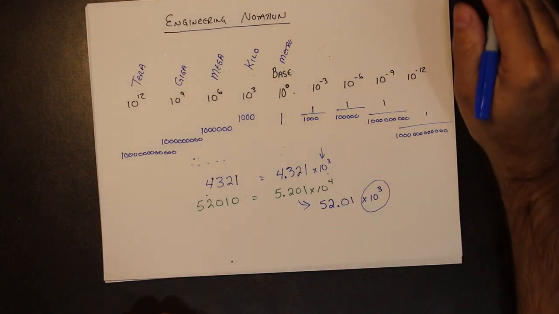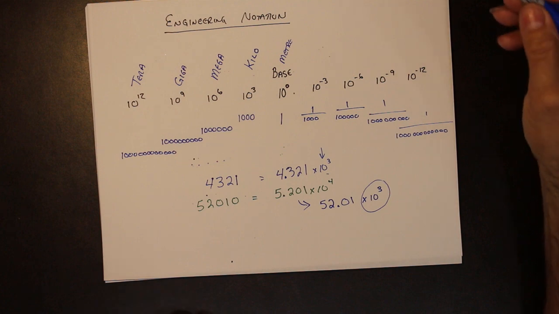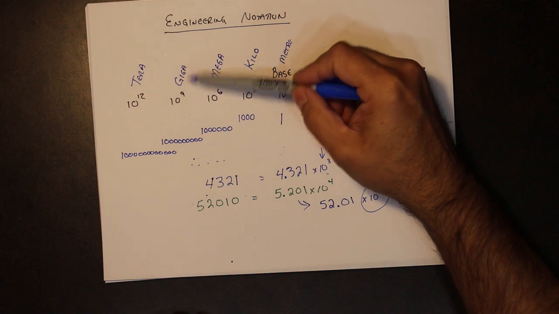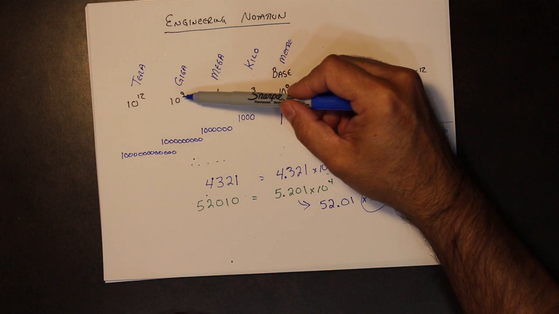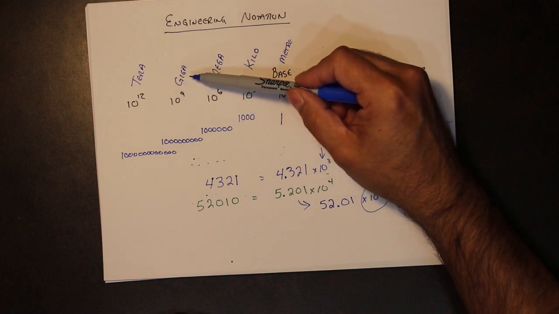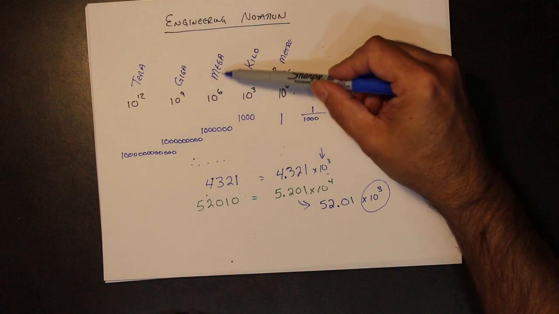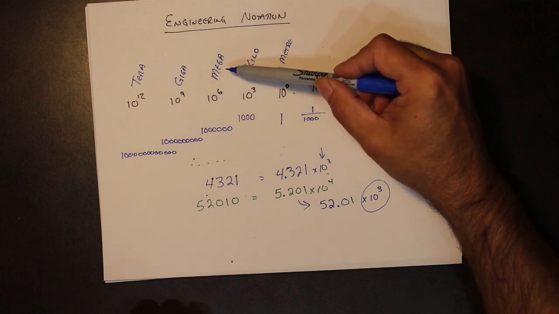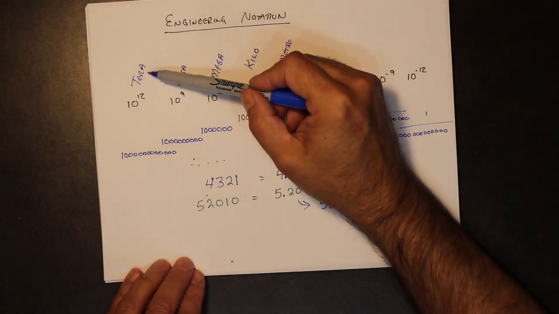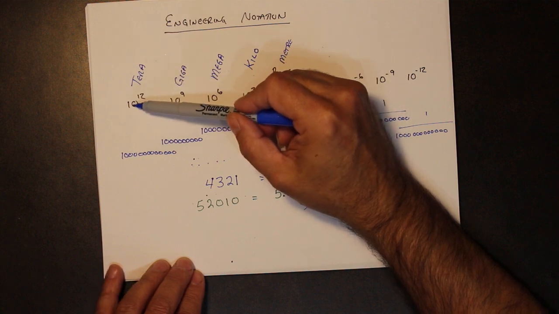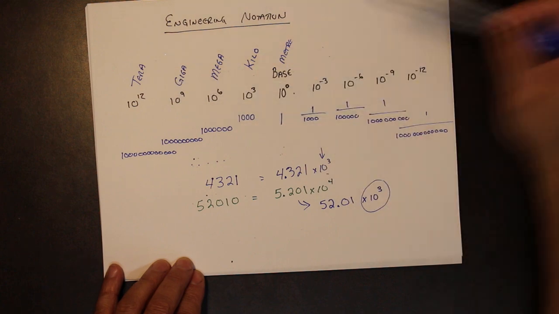So when we're talking about computers and we say gigabytes, it's actually 10 to the 9th bytes. Megahertz, 10 to the 6th hertz. Terabytes, we've got terabyte drives now, being able to store huge amounts of data, 10 to the 12th, tera.